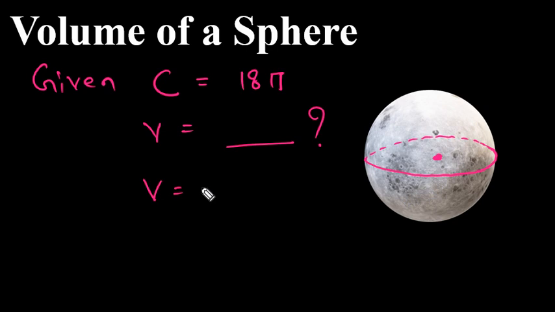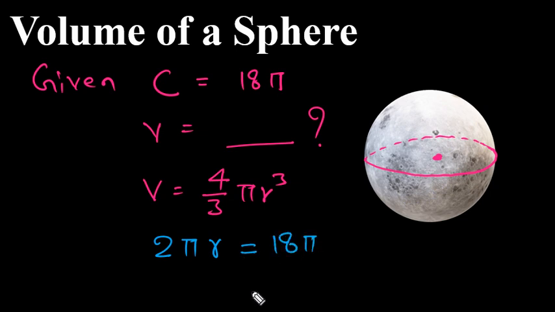The volume formula is 4 over 3 pi r cubed. Here you don't know the radius. So first you need to find the radius. This is the circumference of the circle, and circle circumference is 2 pi r, equal to 18 pi.